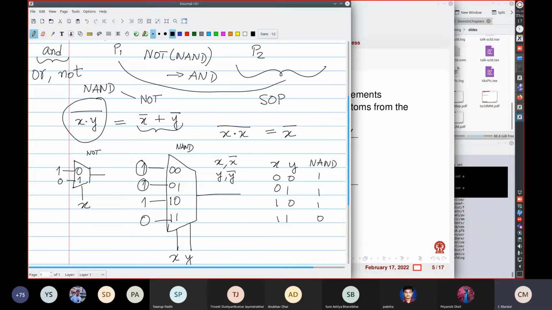In other words, you have the facility of complementing. So if you have a multiplexer and NOT, can you give an implementation of NAND using a 2-to-1 multiplexer?